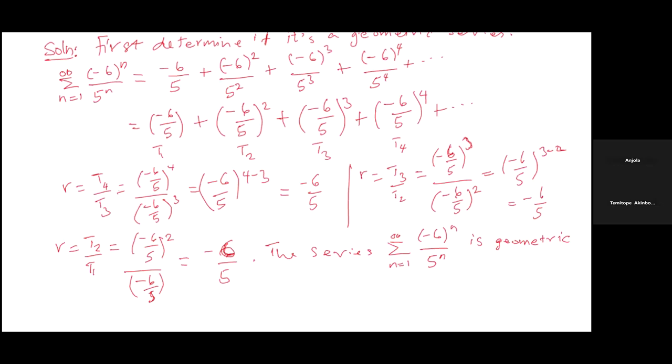Is that clear? Yes, sir. So the common ratio R equals minus 6 over 5.